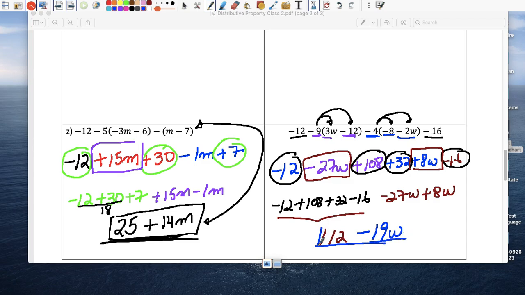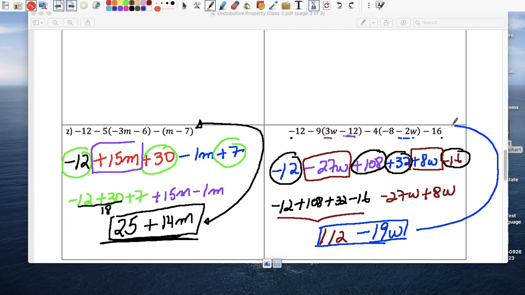That's the final answer. 112 minus 19w is an equivalent expression, albeit very small, to this one. I'd much rather deal with this than this ugly thing over here. Okay? I think that's it. Yeah, that's it. Okay, so you will watch some of it and check your answers.